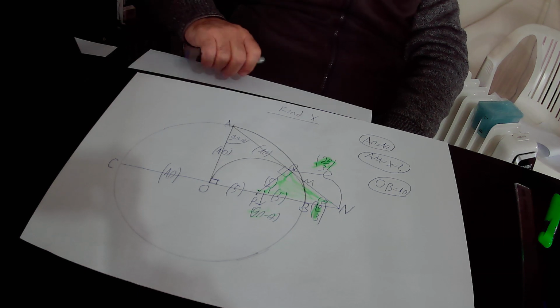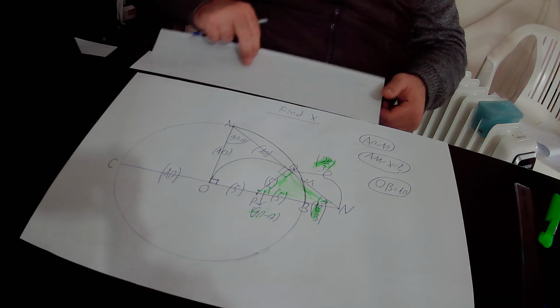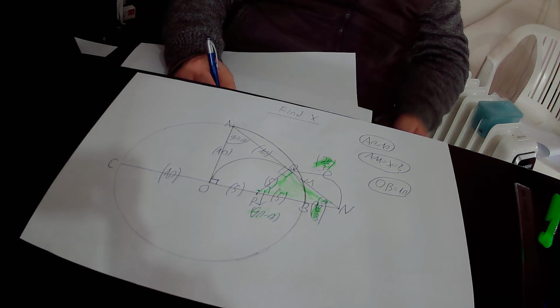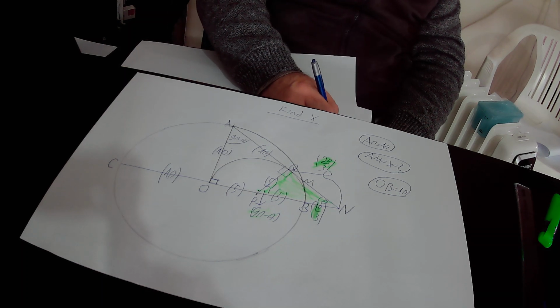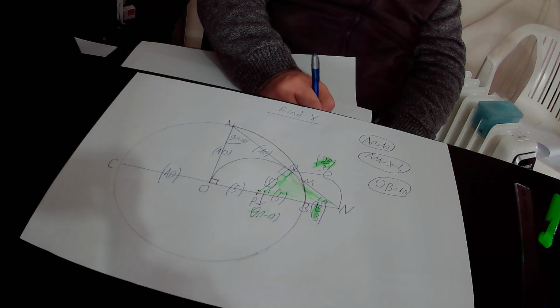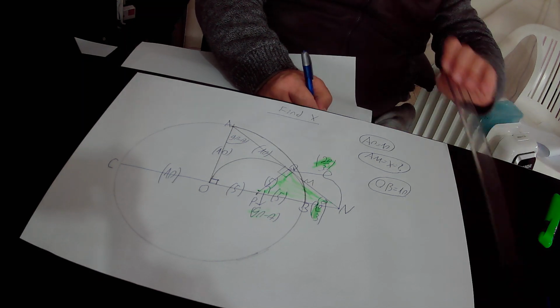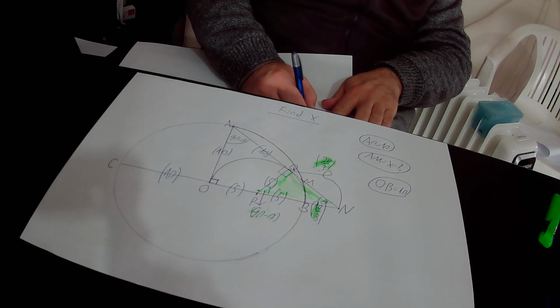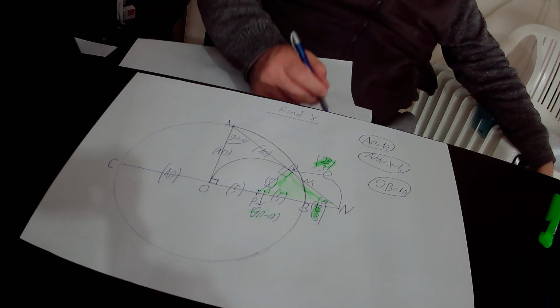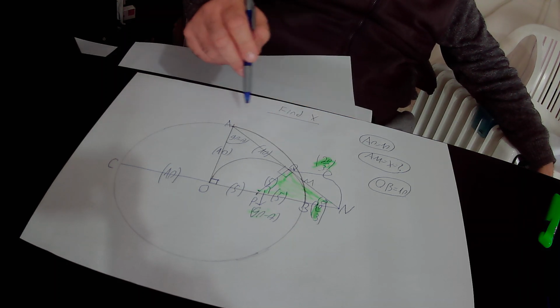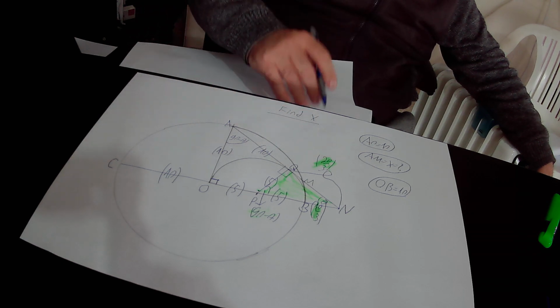So I write it down. If we focus on the common external point N, we have chord MA and chord BC.